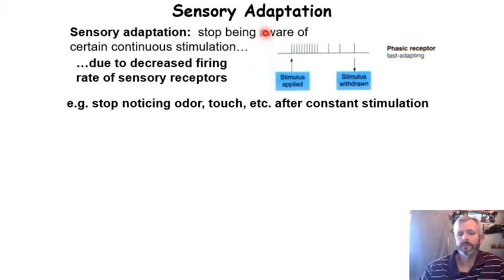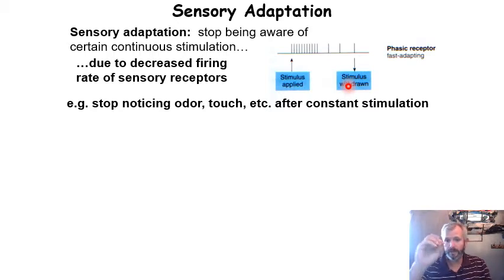So our receptors can adapt, and this is important. Not that we're in class anymore, but if you're sitting in your chair looking at your computer studying, you don't want to be thinking about, hey, there's pressure on the back of my leg from the chair. When you're studying, you want to think about what's on the computer, what you're listening to, Professor Huss and all his glorious knowledge, and you're focused on that.